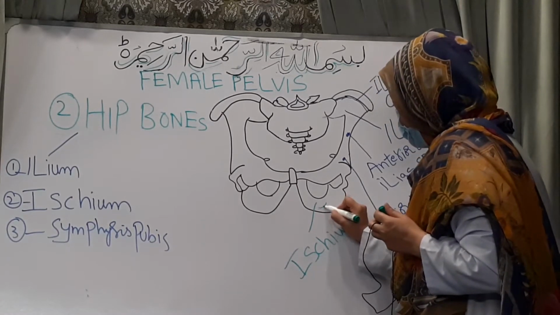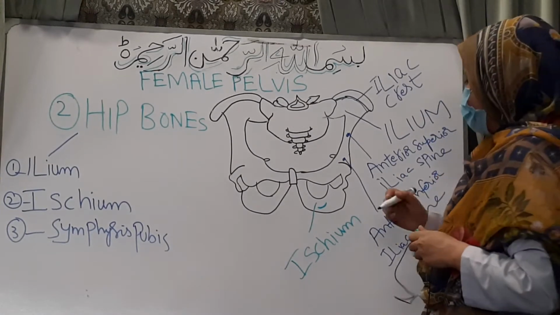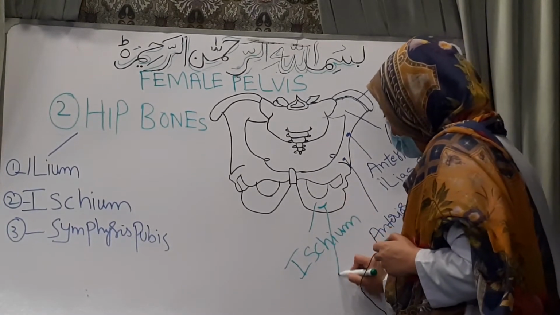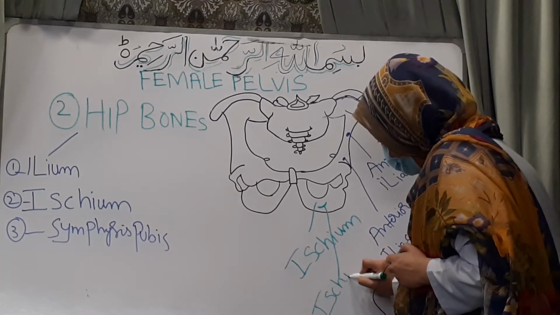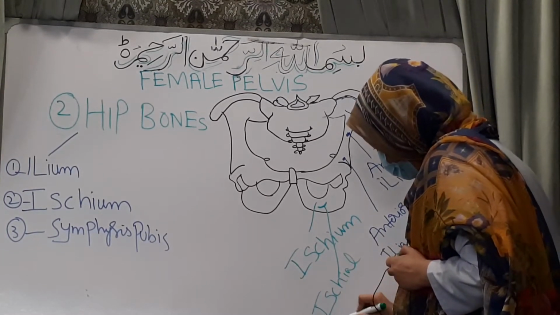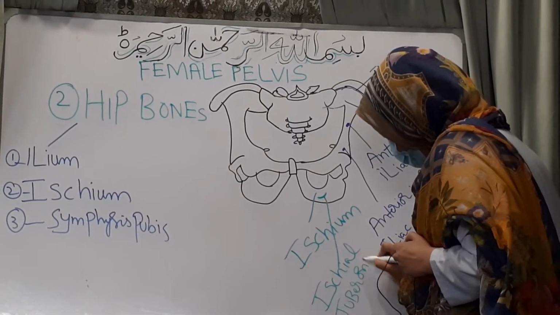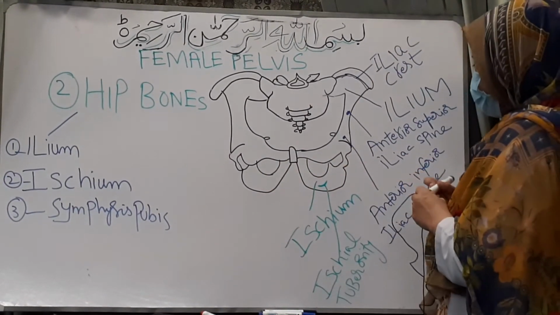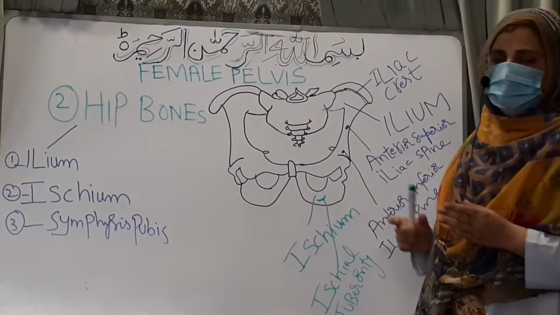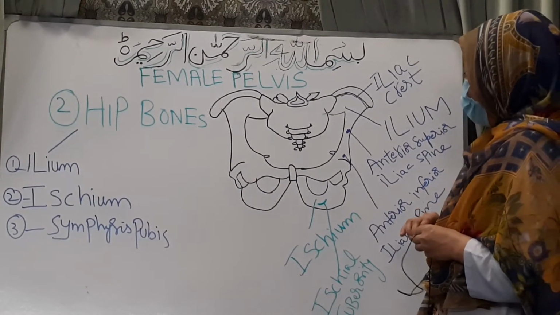Ischium has a prominence which is known as ischial tuberosity. This part of the hip bone is known as ischium. Ischium has a prominence known as ischial tuberosity.